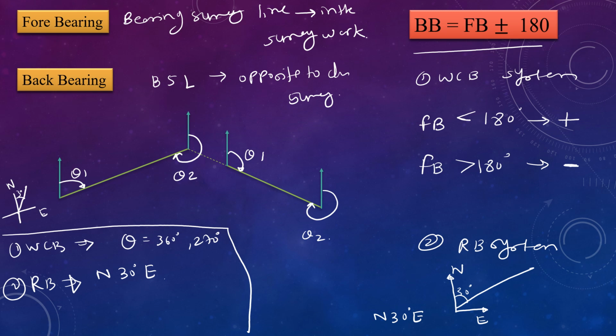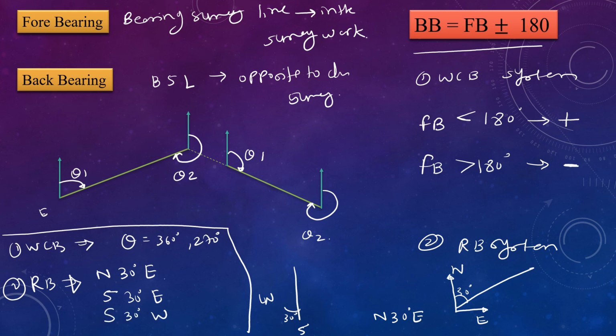If the angle is like this, in the second quadrant, here is south and here is east, so write it as south 30 degrees east. Then, if the angle is in the third quadrant and this is 30 degrees, this is south and this is west, so represent this as south 30 degrees west.